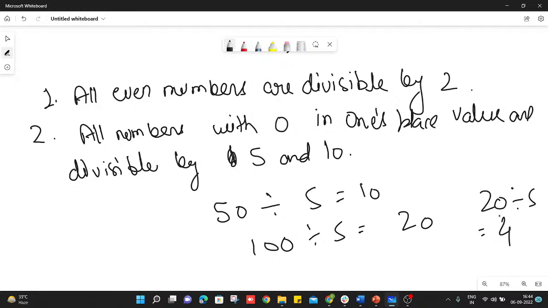The numbers which have 0 in the ones place value are all divisible by 10 as well. And if numbers have a 0 in the ones place value and in the tens place value as well, like 100, 200, 300, all of those numbers will be divisible by 5, by 2, by 10, and many more numbers.